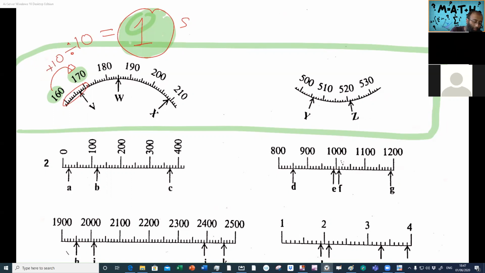Okay, I'll give you another minute. 165. 167.